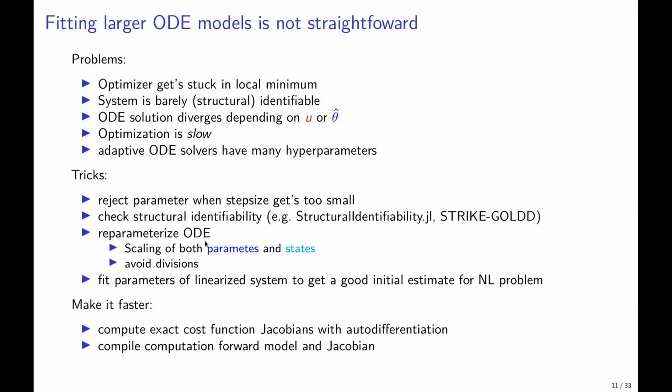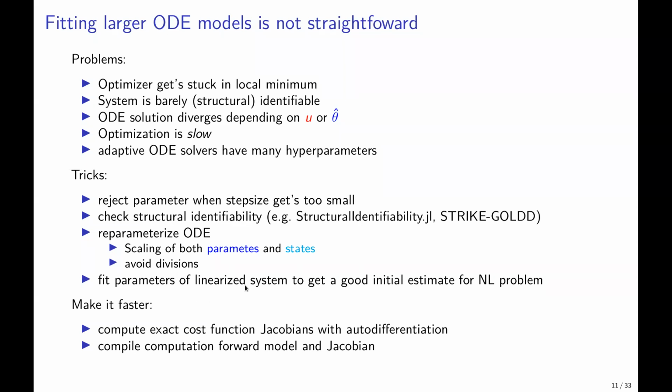Then one important step is this reparameterization to make it structural identifiable, but also scaling parameters to be of the order of 1, or states to be of the order of 1, such that the problem is numerically easier to solve. That also means, for example, avoiding divisions. So if you have a parameter that only comes as a division, replace it by a parameter that's not a division, and then it's always okay if this parameter is small.